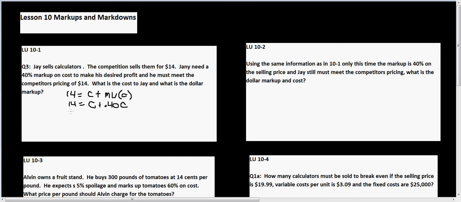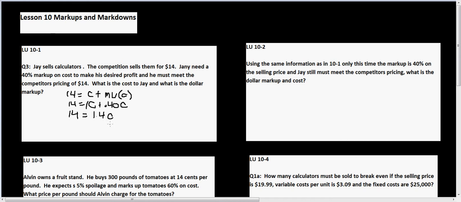Well, 14 is now going to equal cost plus 40% of the cost. This is the same thing as saying 1 times C. So when you add 1C and 0.4C, you get 1.4 times the cost.